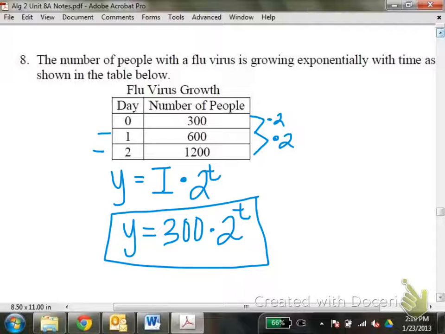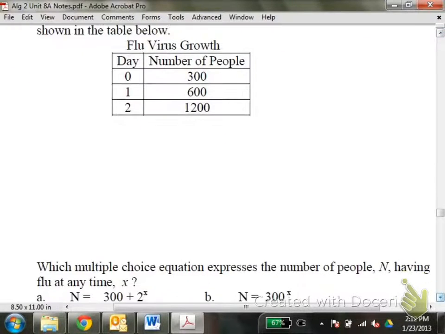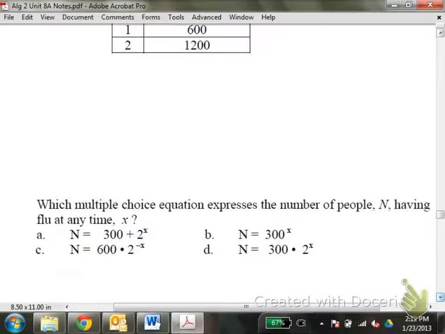That's it. What are you trying to figure out? They wanted us to write an equation. Oh, okay. This is a multiple choice. I'll scroll down in just a second as soon as you get it written down. So if you take what we have, let's scroll down. So here's the actual question and the answer choices.